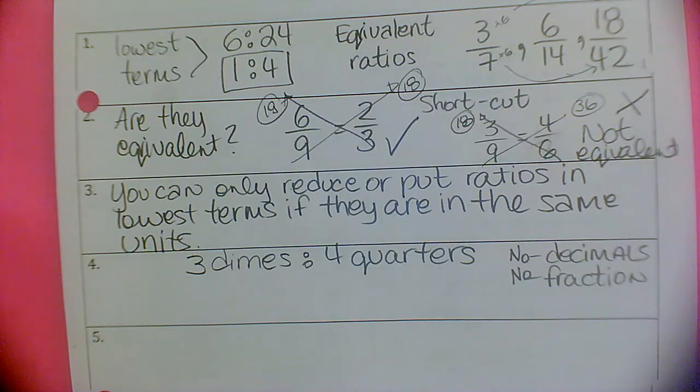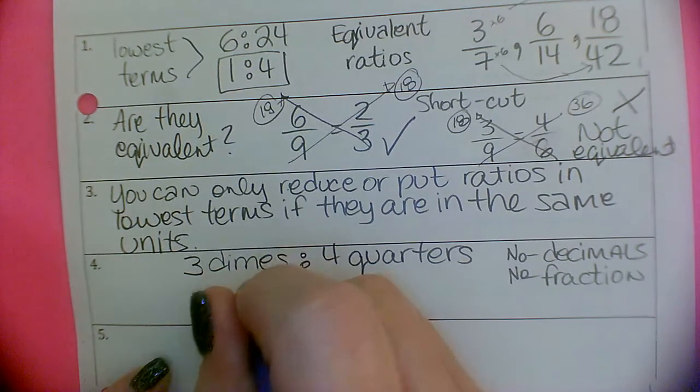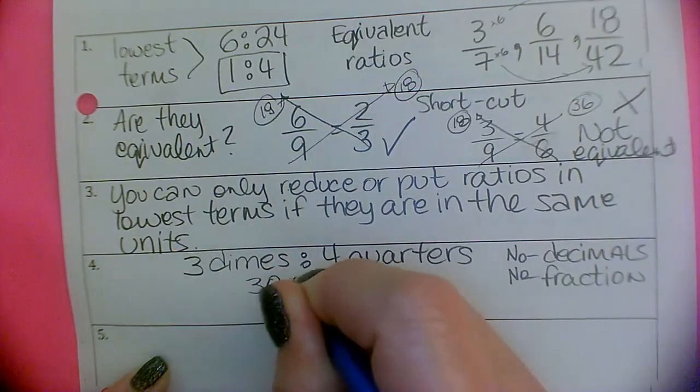So would I change 3 dimes into quarters? What it's worth in quarters? Because that would be like what? One quarter and some left over, right? That doesn't work. So we could change it into cents. What is 3 dimes worth? 30 cents, right?